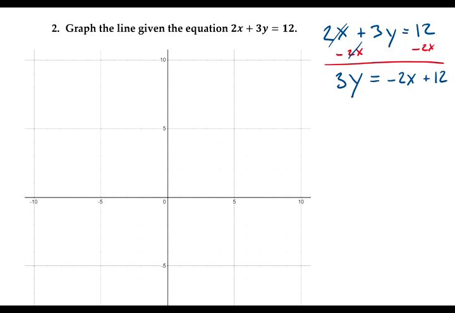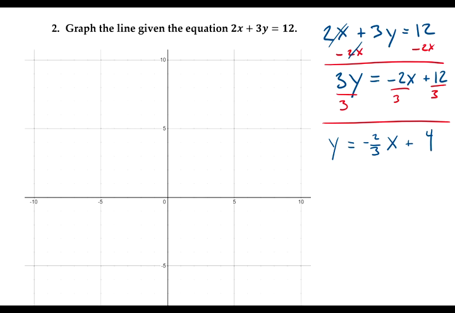And we want to get y by itself. So let's divide by 3 to cancel off that times 3. And so we'll have y is equal to negative 2/3 times x plus 4. 12 divided by 3 is 4.